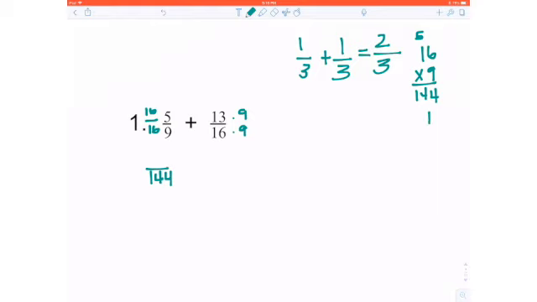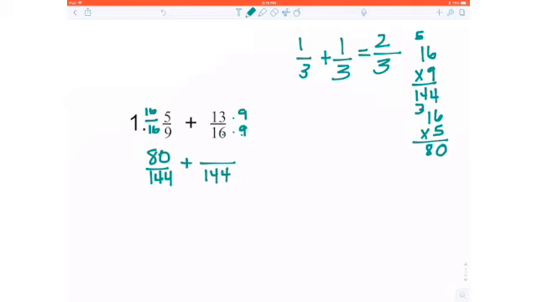Sixteen times 5, 5 times 6 is 30. We put the 0, we carry the 3. 5 times 1 is 5, plus 3 is 8. So we end up with 80 over 144. Plus, we know here 16 times 9 is 144.